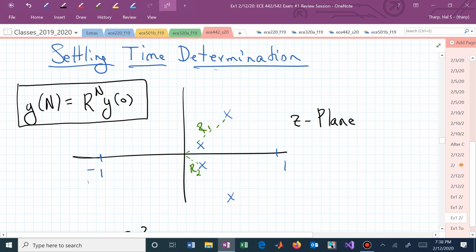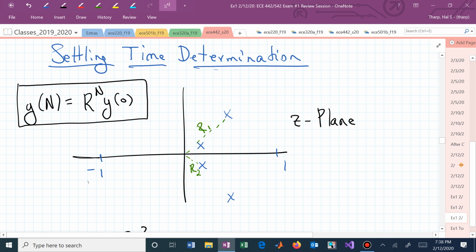Those x's need to be inside the unit circle. If one of them is outside, you can say, ha, this doesn't settle. No settling time exists. If you had a pole at 3/2, no settling time there. It's just going to go unbounded.